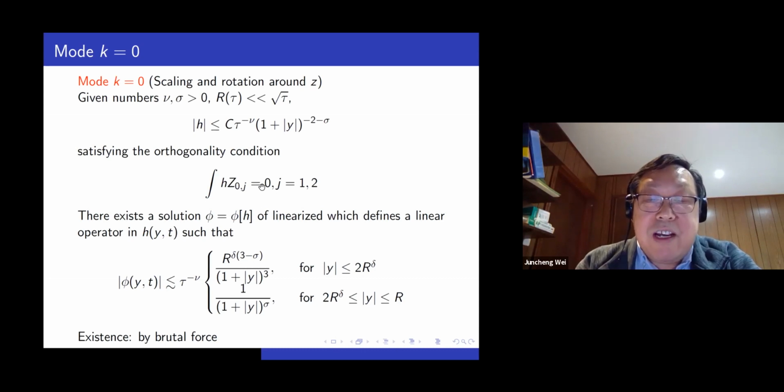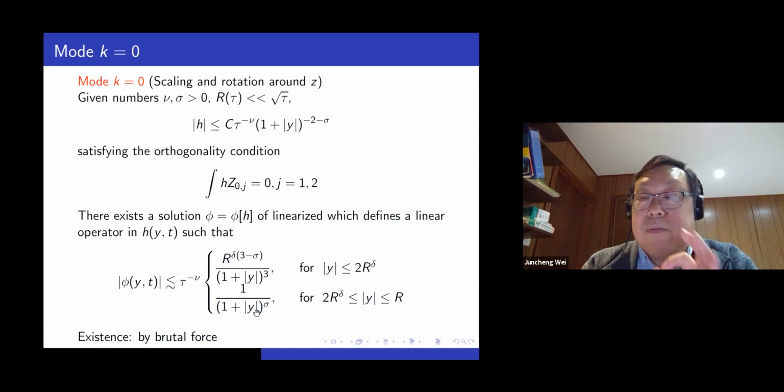We really construct a solution to the linearized problem. And this solution loses a lot of time decay inside, but then near the boundary, near the place where you do the gluing, you have sort of decay. We construct this solution by brute force, and you cannot use any blow-up analysis or Liouville type theorem.